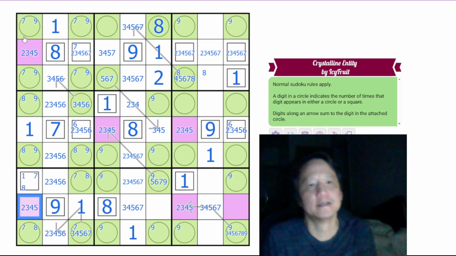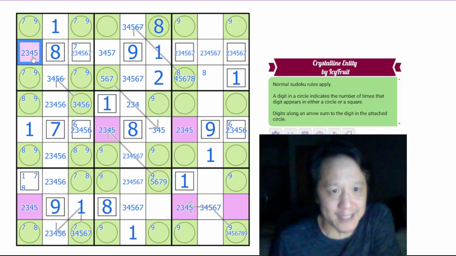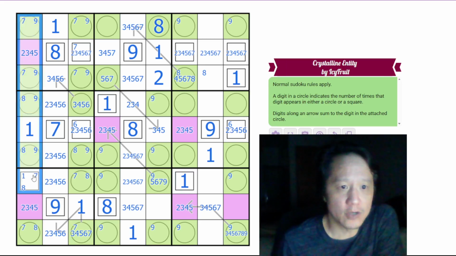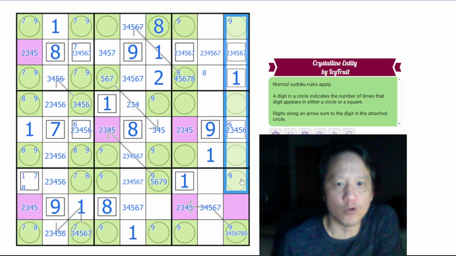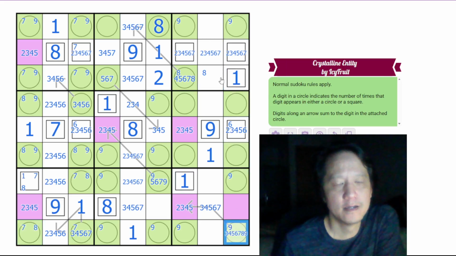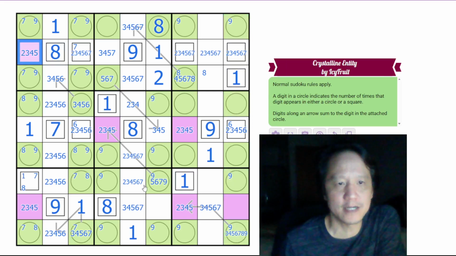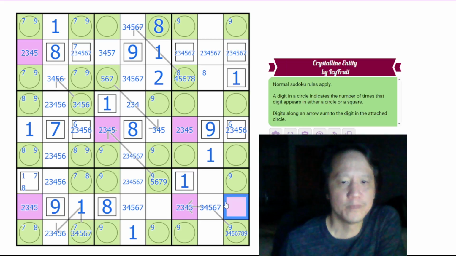But say this was not a 2. That means there has to be, in column 1 and 9, one of the 2s in a circle or a square, right? Because if this is not a 2, the 2 has to be either here or in the circle or squares in columns 1 and 9.